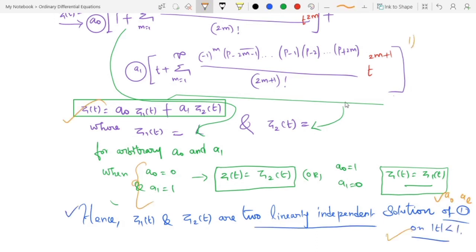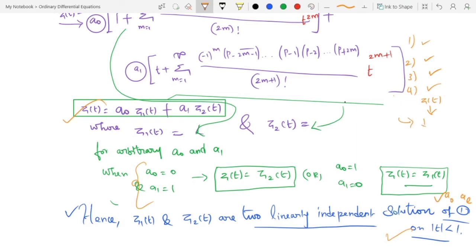So the overview of this process is: first we write the equation in standard form, second we check the analyticity, then find the ordinary points, and then we can say there exists a power series solution z of t. From that find z dash and z double dash and replacing in the given problem, we get an expression.